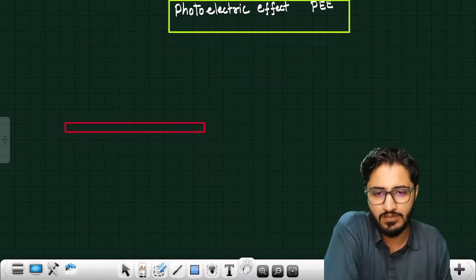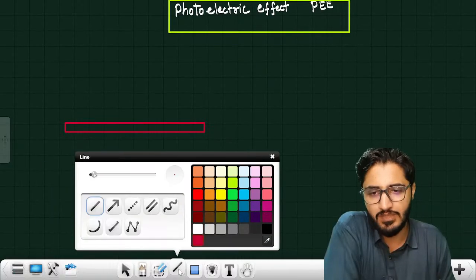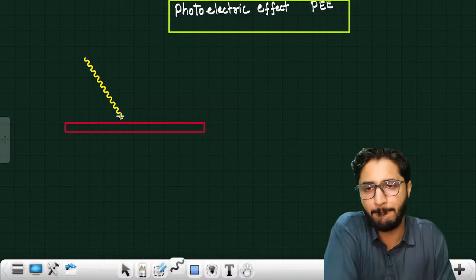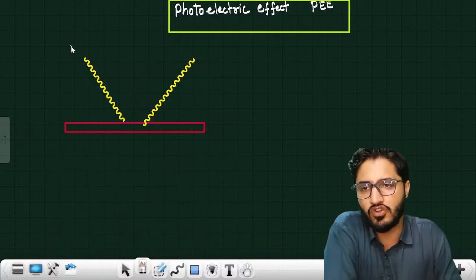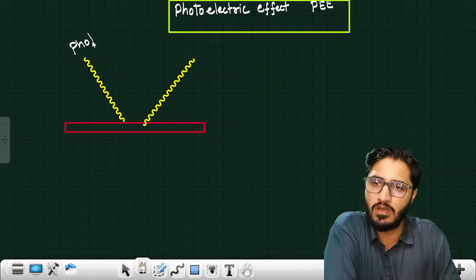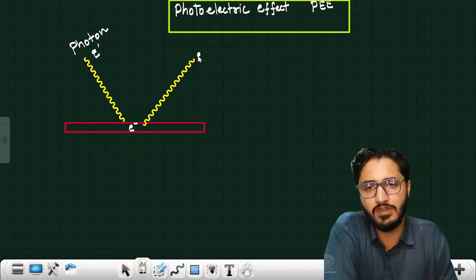So upon this material, if something is falling, I will write here photon is falling, with energy, let us suppose E dash, and here my electron gets ejected.